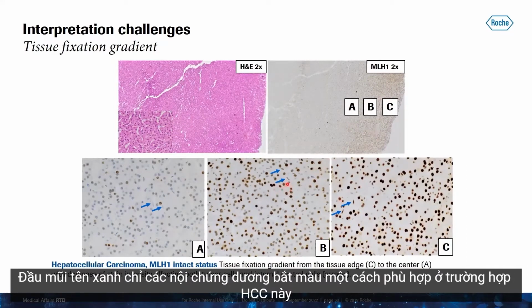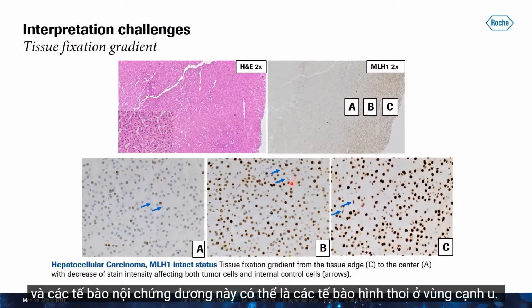Now, showing in blue arrows is how internal positive control nuclei might appear as acceptable staining in this case of HCC. And these internal positive control cells may be tiny spindly cells in the background adjacent to the tumor cells.